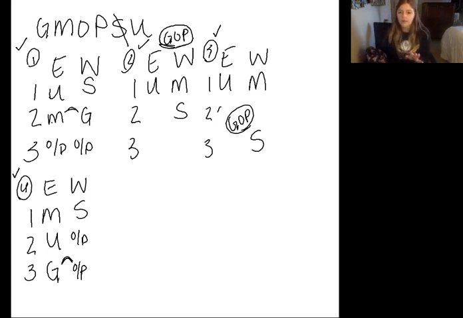Because if you think about it, with substitute questions we want to exactly substitute the rule, where it's not too restrictive and not not restrictive enough. We want it to be just right, like Goldilocks. So if our answer choices are not following our diagrams, it's not an exact substitute.